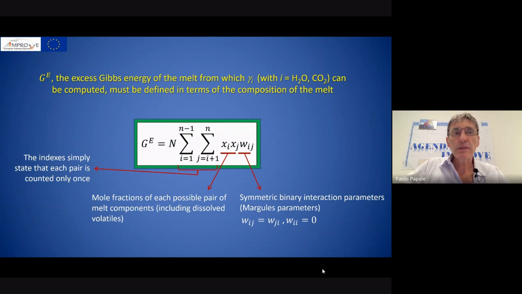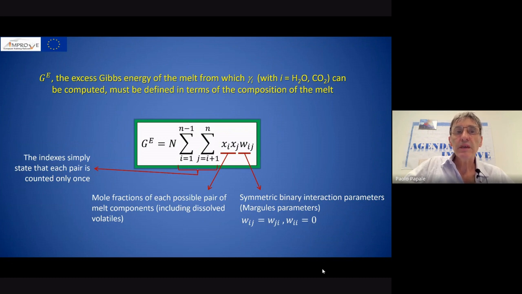The excess Gibbs energy can also be expressed as an expansion in terms of interactions involving not just pairs, but also triplets, or even higher order interactions between the components, implying a progressively higher complexity in the description of what we call the topological properties of the Gibbs energy.